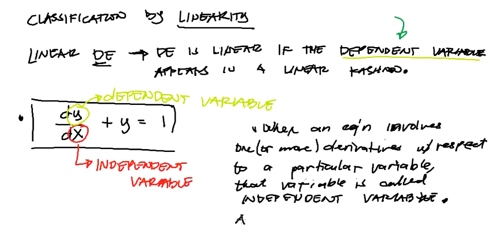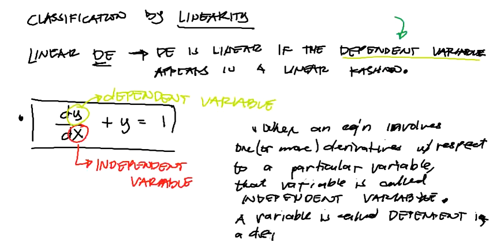Wherein a variable is called dependent if a derivative of that variable occurs. Okay.